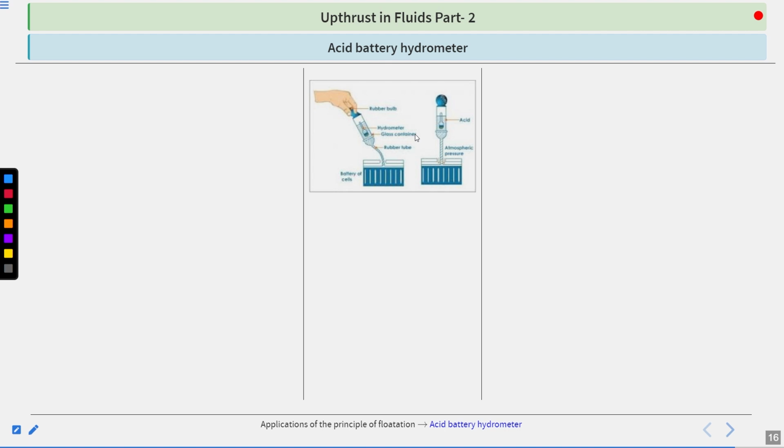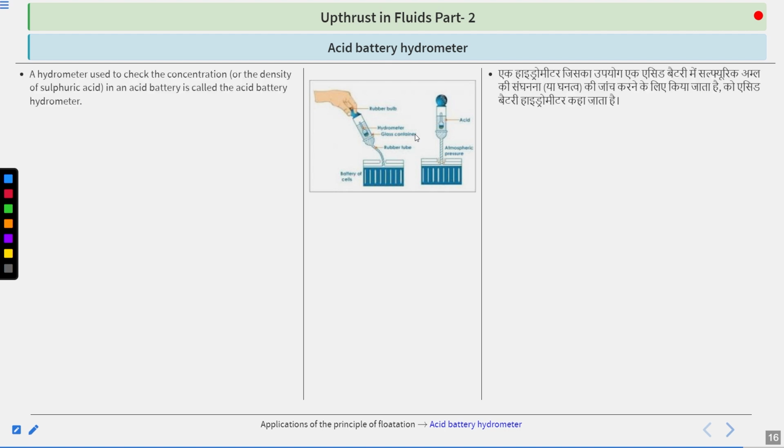Now, acid battery hydrometers. A hydrometer used to check the concentration or the density of sulfuric acid in an acid battery is called the acid battery hydrometer. The density of acid in a fully charged battery varies from 1250 kg m^-3 to 1300 kg m^-3.